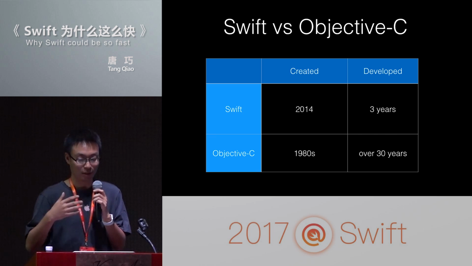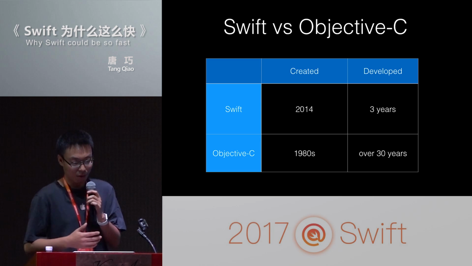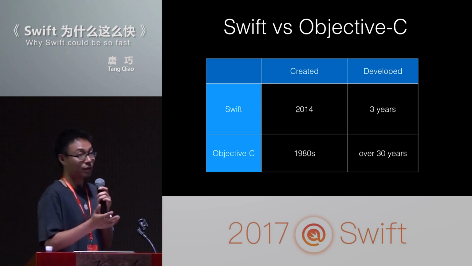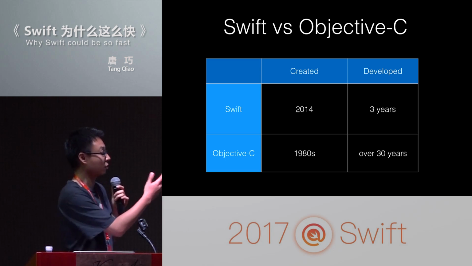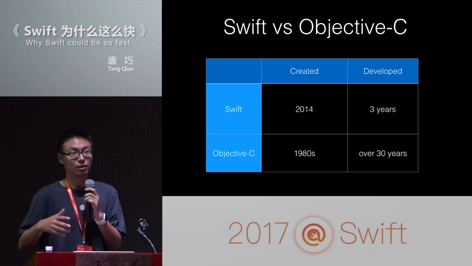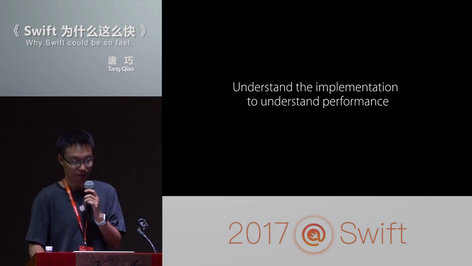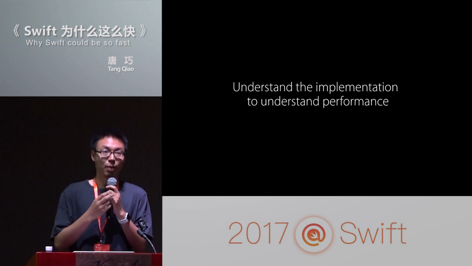So Apple has spent several decades improving Objective-C's performance. On the other side, Swift is a very young language. It's only 3 years old, and it's still changing very, very fast. So how can Swift beat Objective-C so badly?